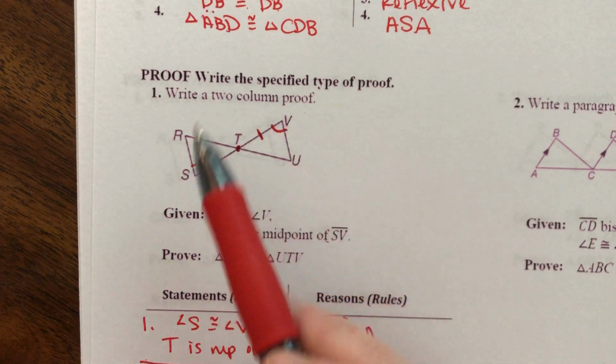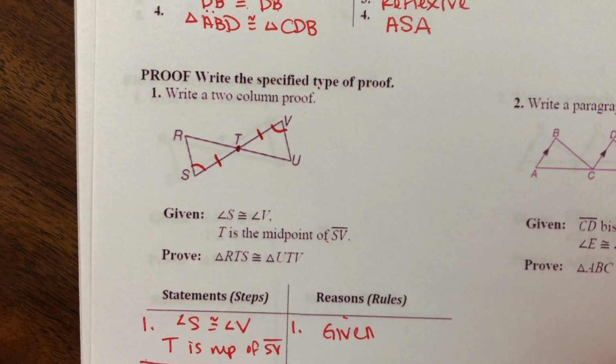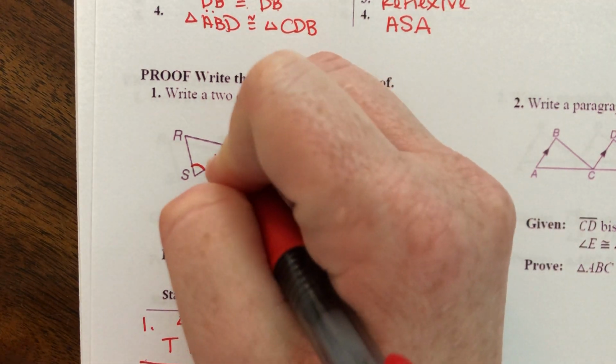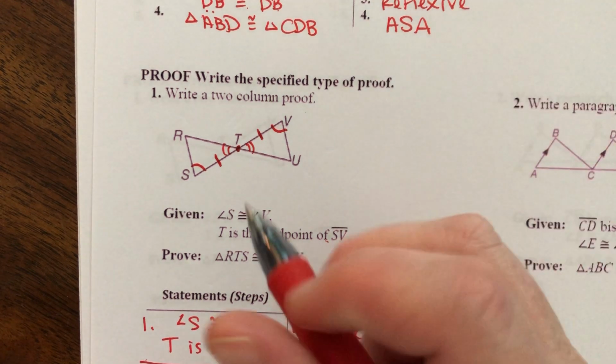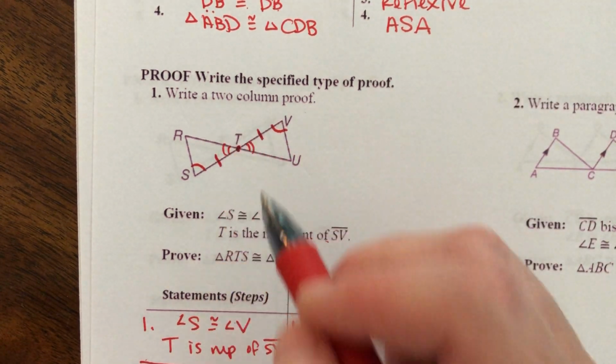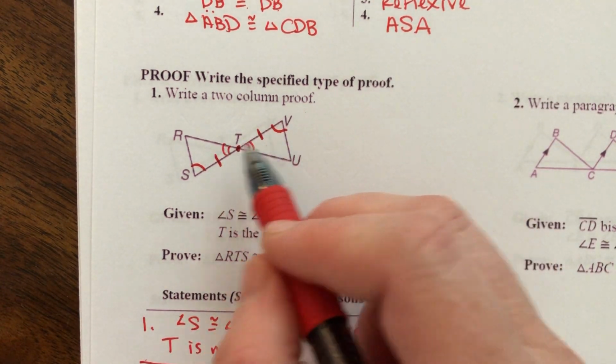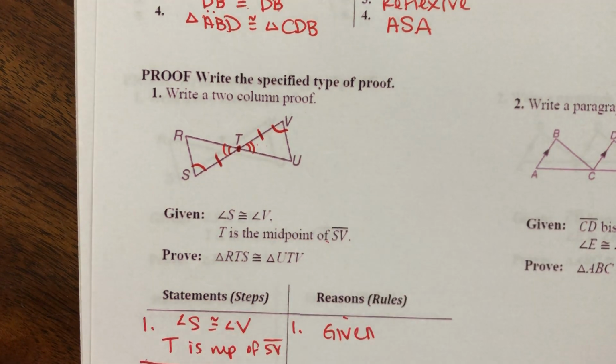What else in this bow tie shape do we know for a fact is also going to be congruent? The vertical angles, right? We know this angle is going to be congruent to this angle. We can't say angle T because there's 4 angles at point T, so we got to be specific. But we know these 2 angles are vertical angles, so they are congruent.